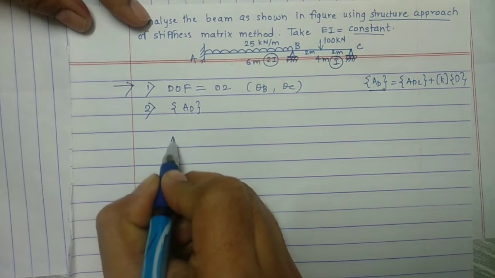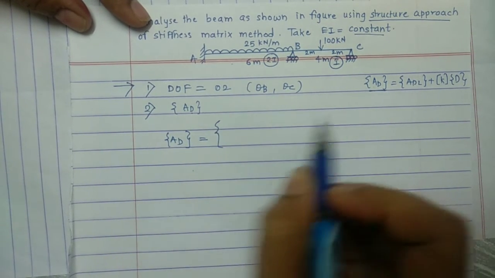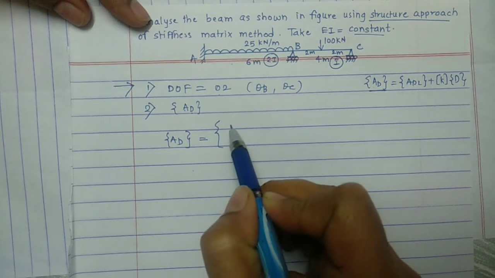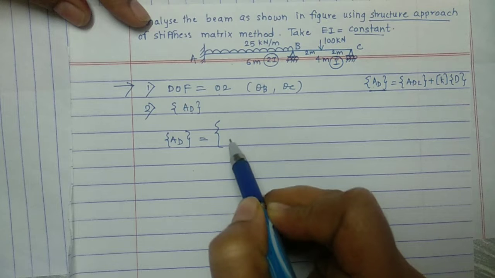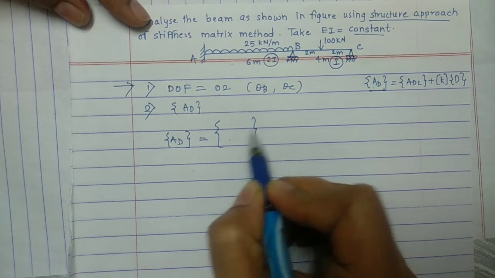Since there are 2 degrees of freedom, the AD matrix will contain 2 elements in a column.